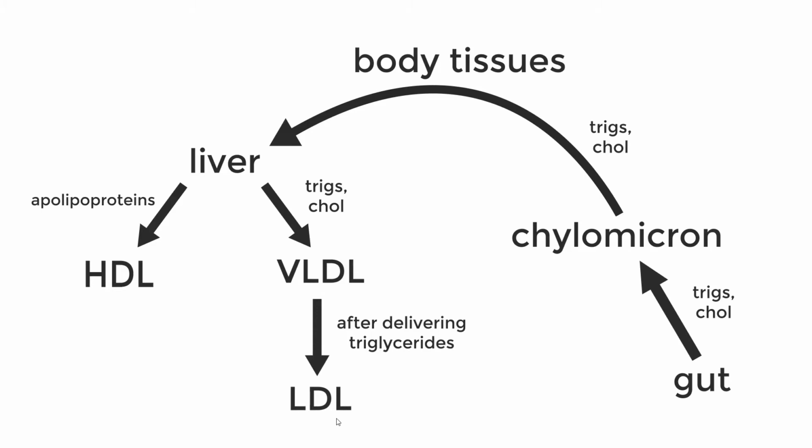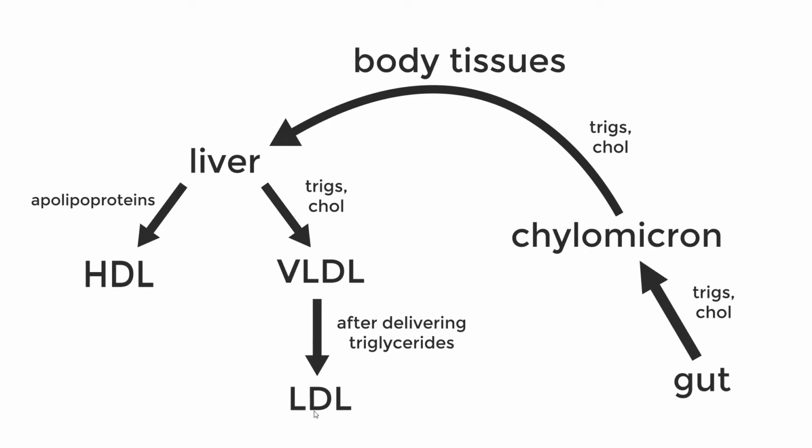It's not useless, as it does deliver cholesterol to body tissues, but the problem is that because it contains a lot of cholesterol, it has a tendency to stick to atherosclerotic plaques and contribute to atherosclerosis, which is why it's known as the bad cholesterol.